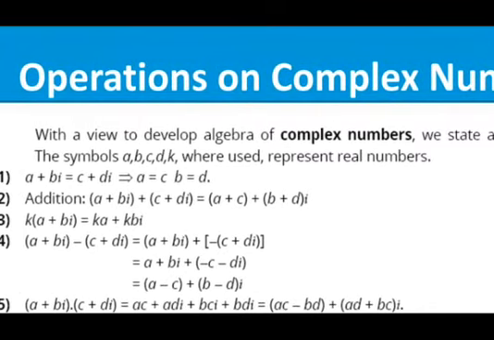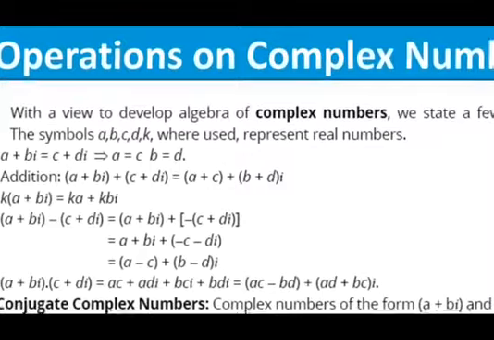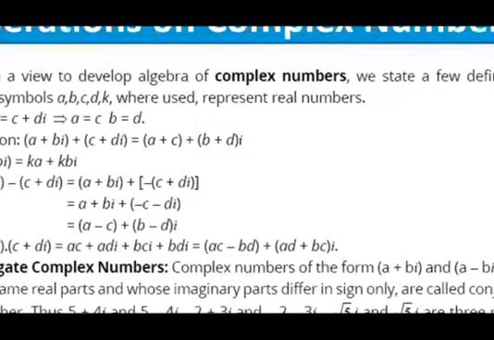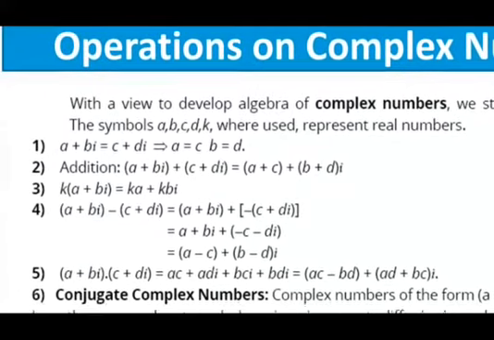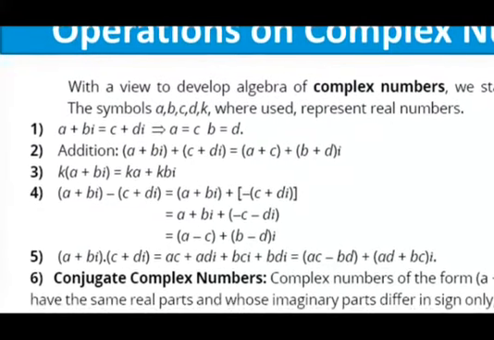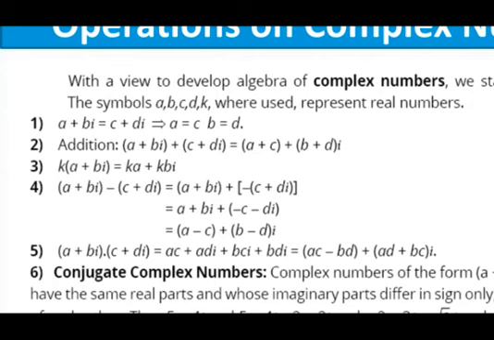Some operations on complex numbers. If we have two complex numbers like a plus b iota and c plus d iota, and both are equal, then real part is equal to real part and imaginary part is equal to imaginary part.